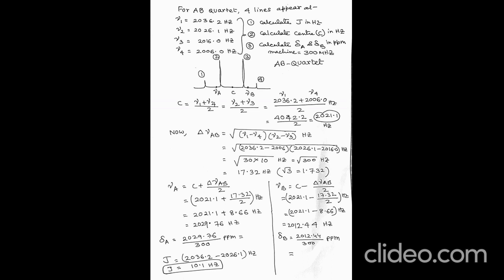Whatever values we have calculated are in hertz, and the machine frequency is 300 megahertz, so hertz by megahertz will give the answer in ppm. So 2029.1 divided by 300 gives 6.76 ppm for delta A, and 2019.1 divided by 300 gives 6.73 ppm for delta B. In this way we have calculated delta A and delta B for the AB quartet.